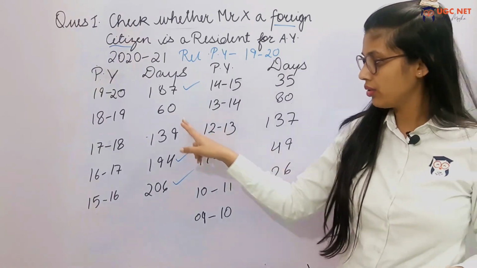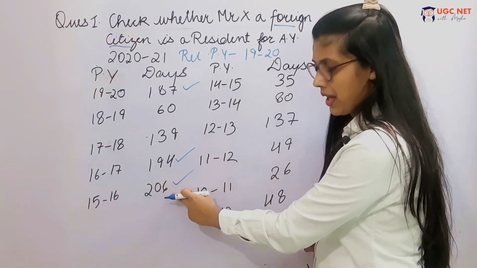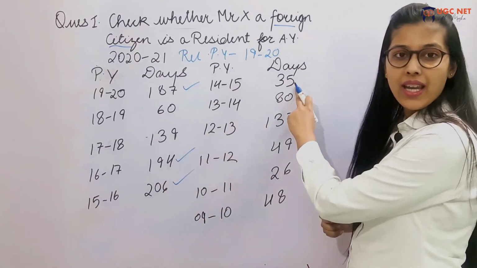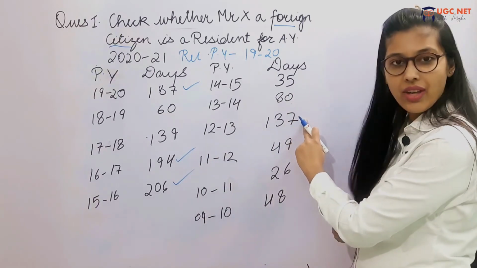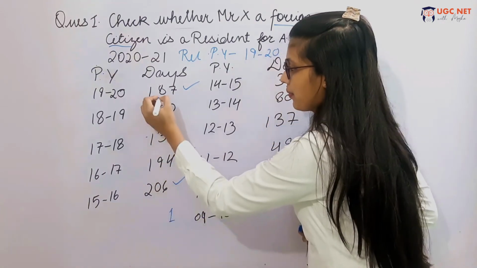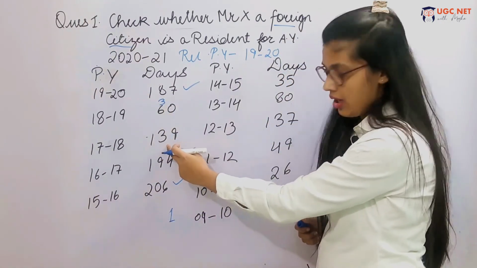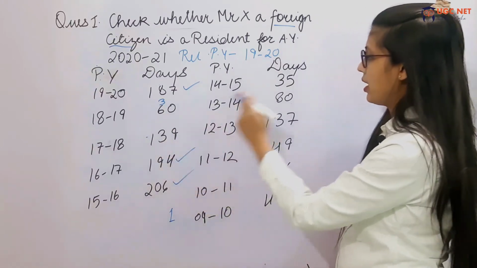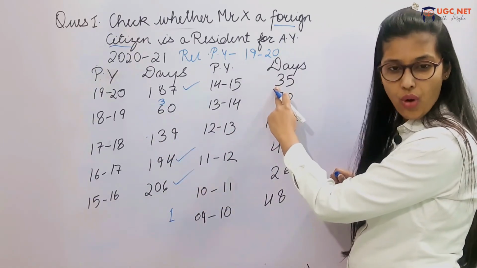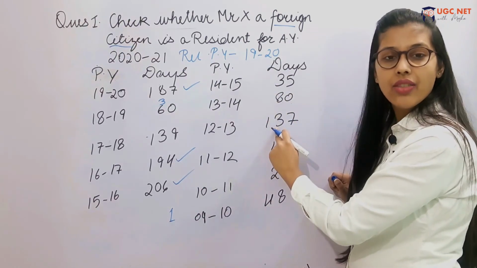So let's go through the total. 9 plus 4 is 13, 13 plus 6 is 19, 19 plus 5 is 24, 24 plus 7 is 31. So 1 here and 3 carried forward. So 3 plus 6, 9, 9 plus 3 is 12, 12 plus 9 is 21, 21 plus 3 is 24, 24 plus 8 is 32 and plus 3 is 35.